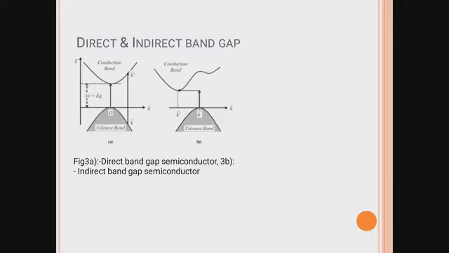Gallium arsenide, indium phosphide, gallium nitride, all of these are examples of direct band gap semiconductor material. But silicon, germanium, gallium phosphide, all of these are examples of indirect band gap material.